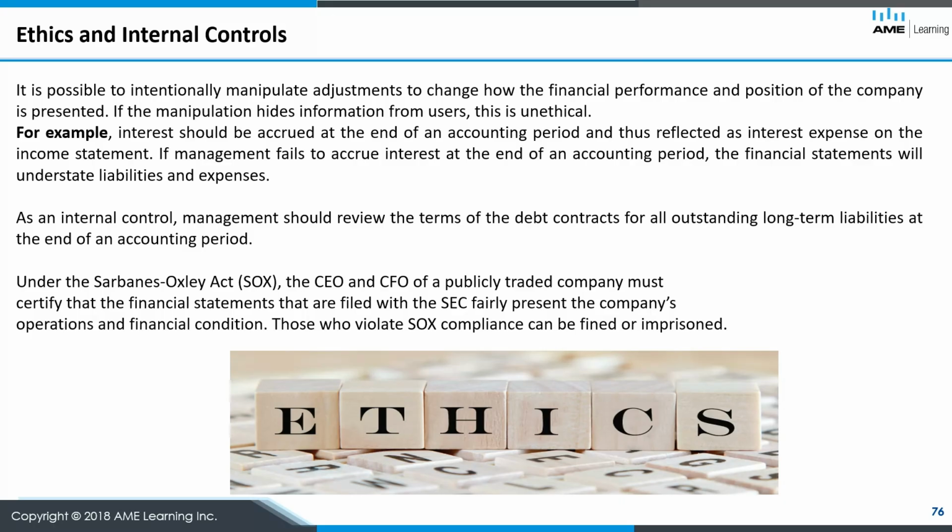And so you'd probably do well in your business to have some sort of tracking spreadsheet that would highlight the key pertinent details, like what is the interest rate, what's the current outstanding principal, what is the term of that note, for example, so that at the end of each accounting period, someone in the accounting department can look through and ensure that all the appropriate adjusting entries have been made.